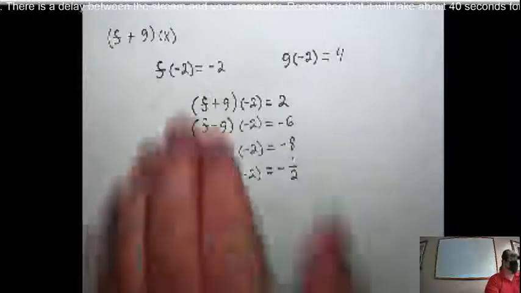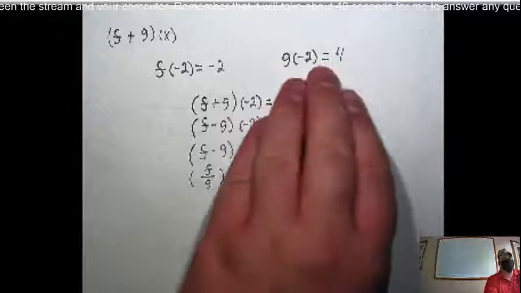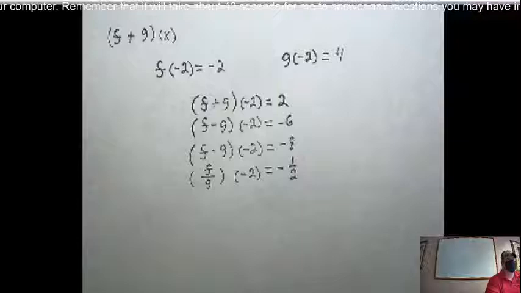Okay, so it's the overall value of this and the overall value of this. So even if we don't know the actual mechanics behind f and g, we can still figure some stuff out if we know some data points.